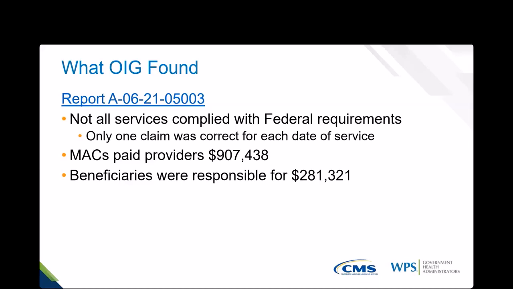And as a result, MACs, not just WPS, but nationwide, paid providers $907,438 more than they should have. And because of this, beneficiaries were held responsible for $281,321 that they probably would not have had to pay had the claims been billed correctly.